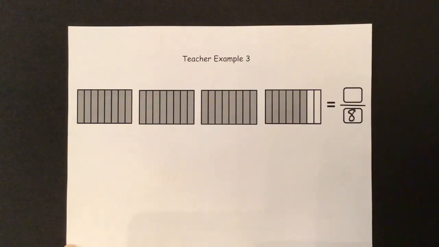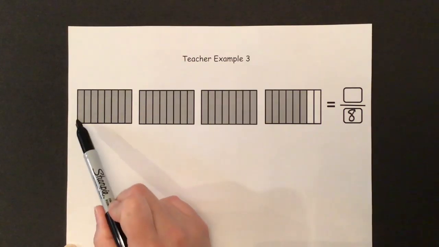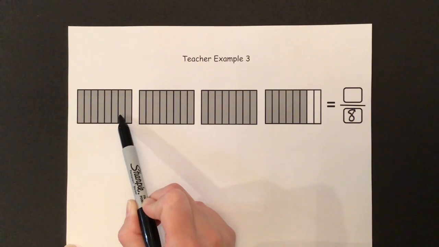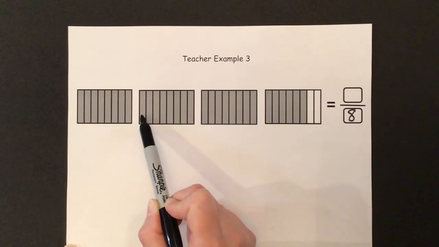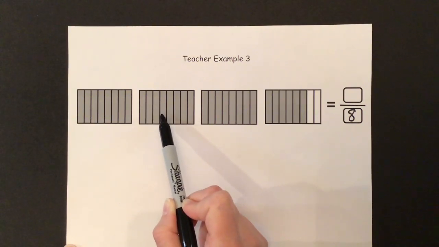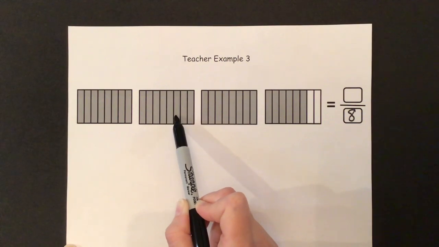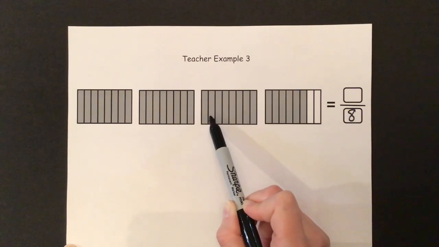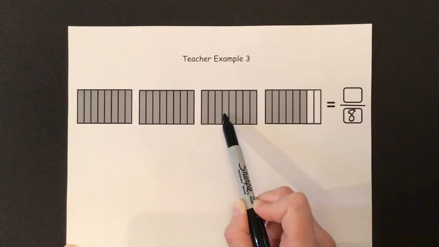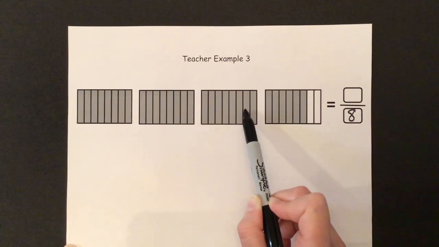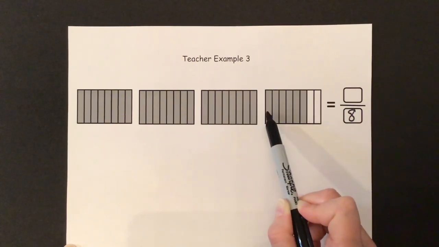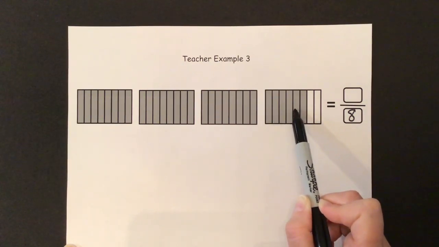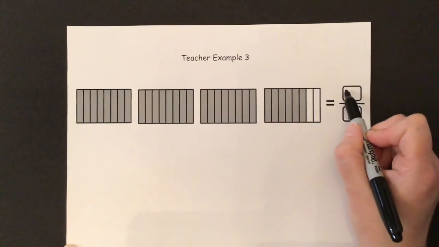Now there are a lot of those pieces that are shaded in, so let's count those eighths. 1/8, 2/8, 3/8, up through 15/8, 16/8, up through 24/8, 25/8, 26/8, 27/8, 28/8, 29/8, 30/8. Wow. There are 30 of those pieces.